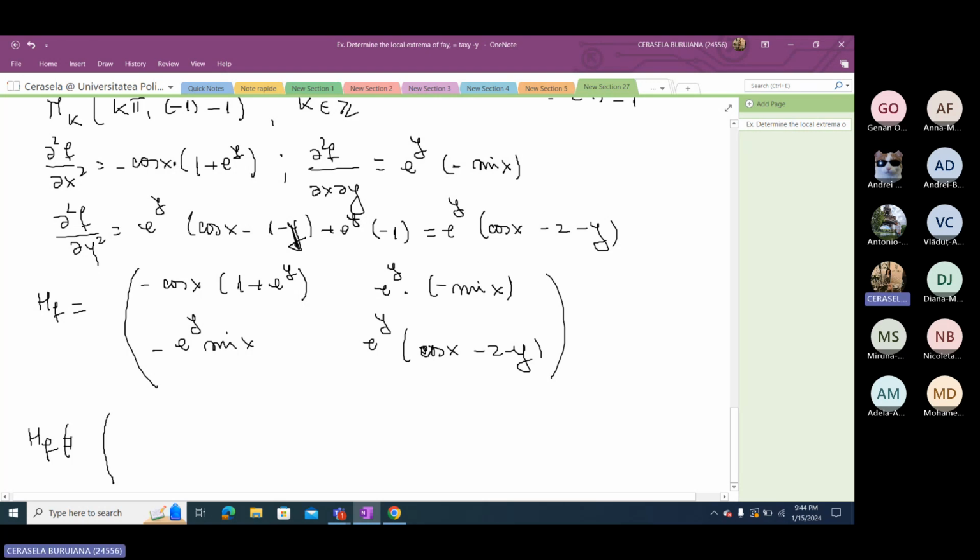In M_k, I said. But by the way, maybe it's useful to look at something. Don't forget that for the points M_k, sinus of x_k was 0.